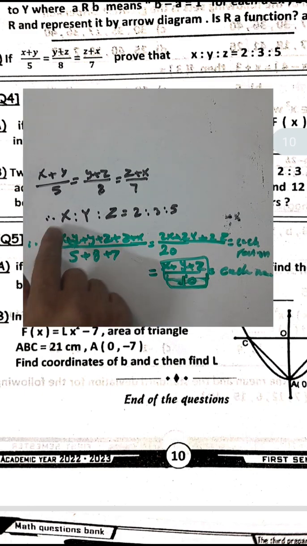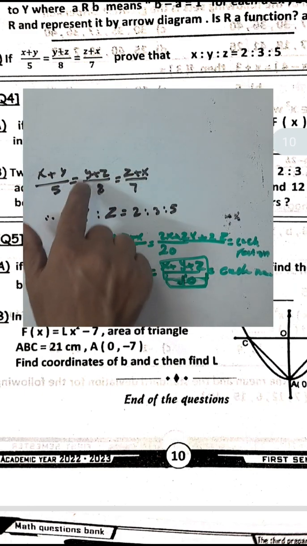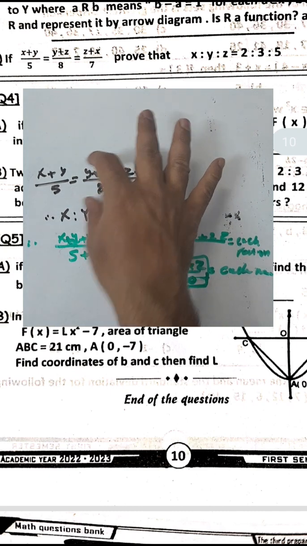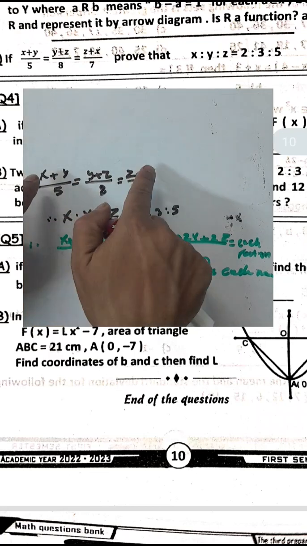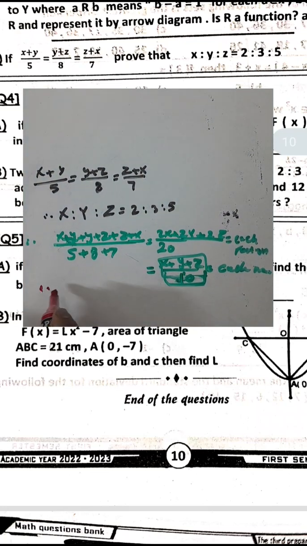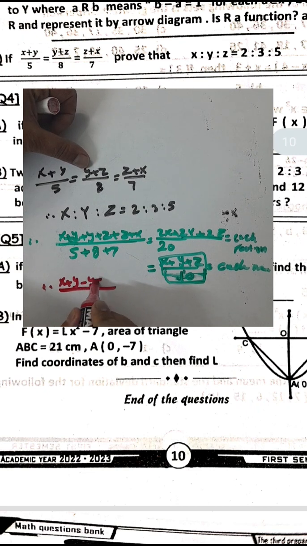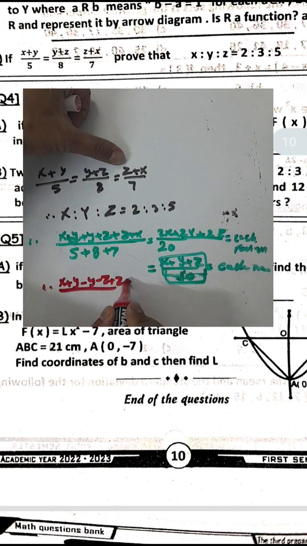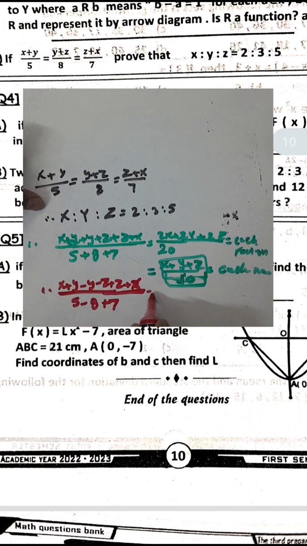How? We can cancel y and z by multiplying the second proportion by -1 and adding the result to the first and third. Then we can write (x plus y minus y minus z plus z plus x) over (5 minus 8 plus 7).